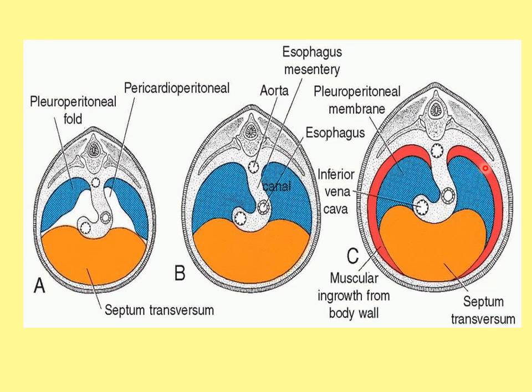Then you can see, in red, the muscular ingrowth from the body wall, which replaces most of the pleuroperitoneal membrane and makes it a muscular structure. So that's how a complete partition of the diaphragm forms between the abdomen and the thorax.